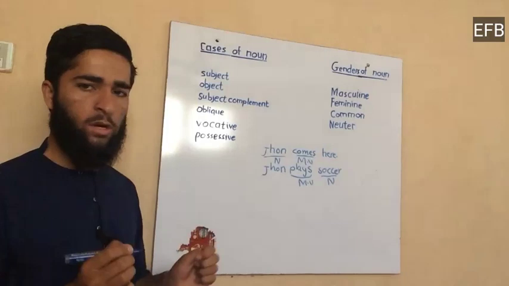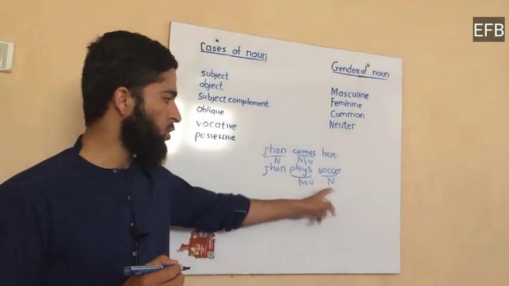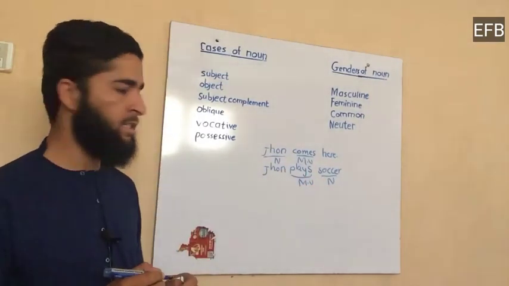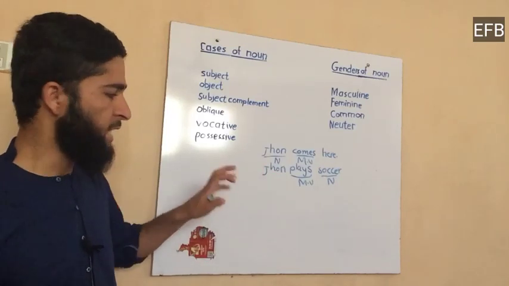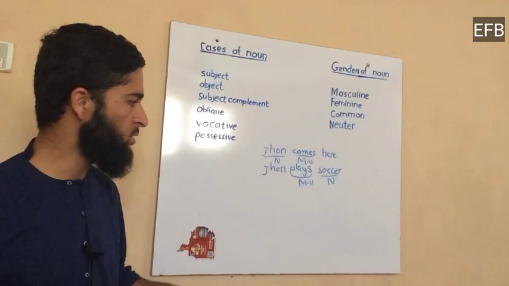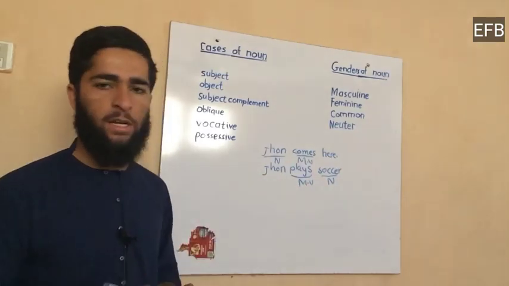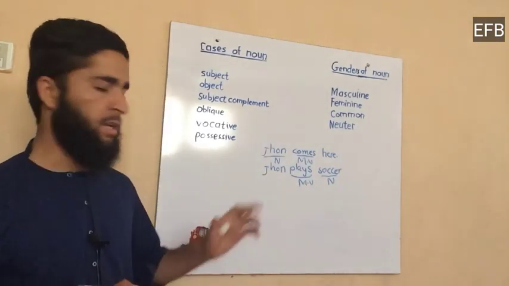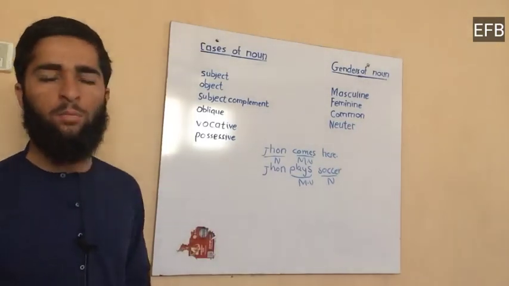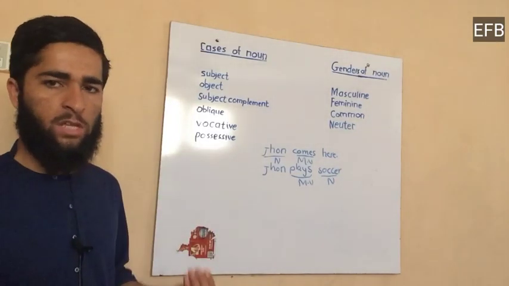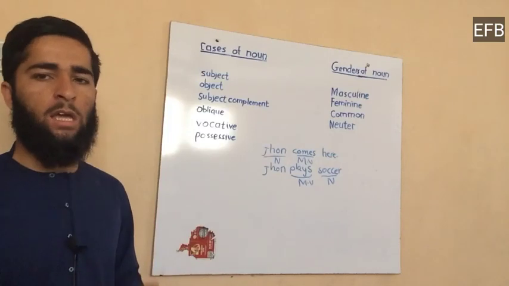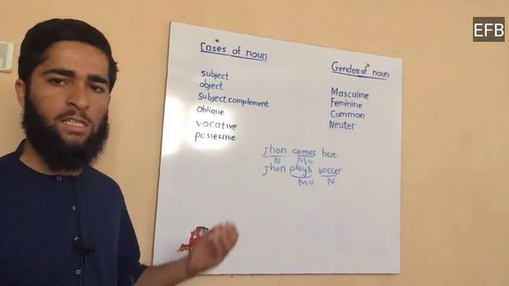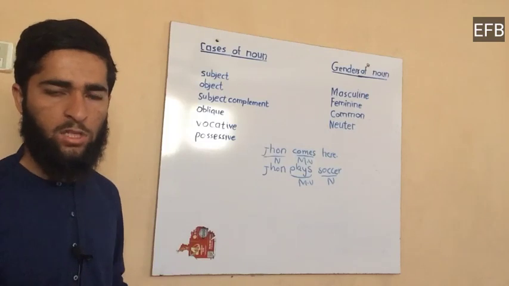John is also a noun, but in the subject case, and soccer comes after the main verb. As I said, in object case the noun comes after the main verb and functions as the object of a sentence.